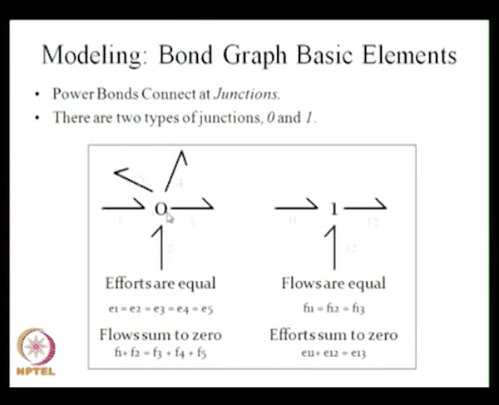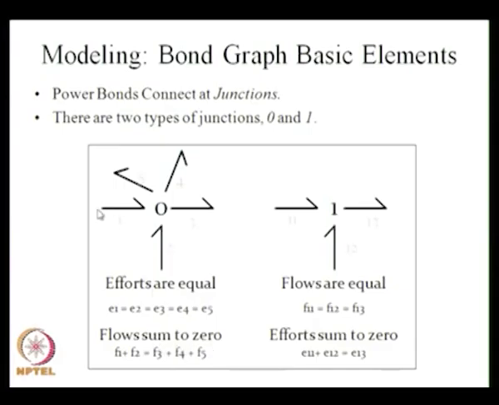We say the 0 junction is a common effort junction because all the efforts are equal in this junction. We have 1, 2, 3, 4, 5 bonds here, and all these bonds have the same effort. So E1 is equal to E2 is equal to E3, E4, E5. All the efforts are equal and the flows sum to 0.